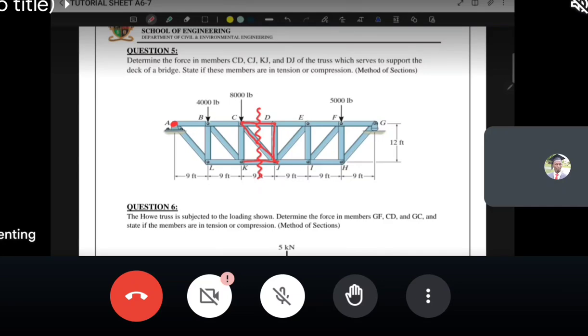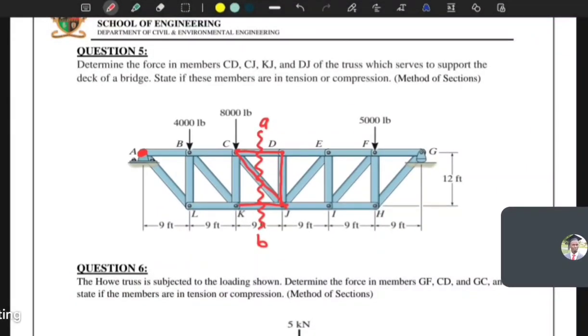There is no way of cutting through all four members at once, so you can do it in 2 steps. In step 1, I'll make a section A, B here, so that I understand what is happening through CD, CJ, and KJ. Then after that, I'll come back to make another section that will help me understand what is happening through DJ. But for now, I'm going to find the first 3.